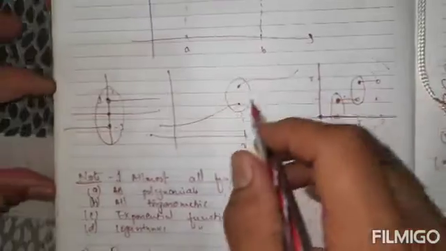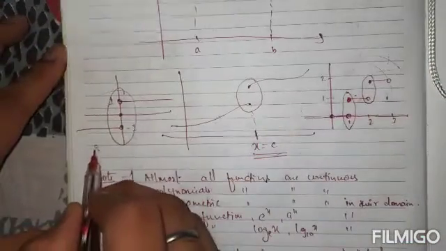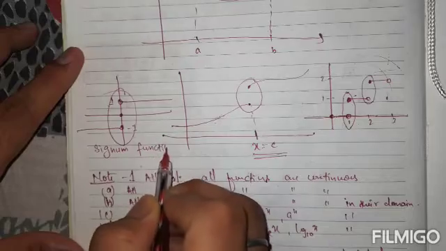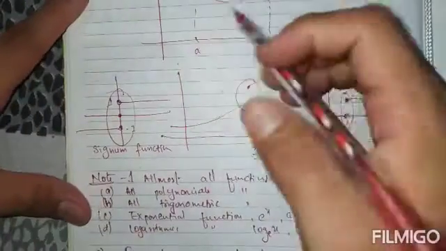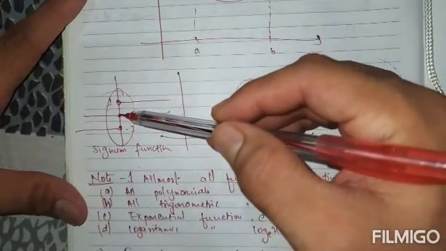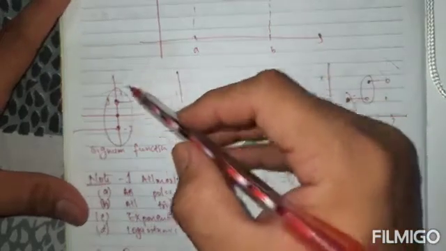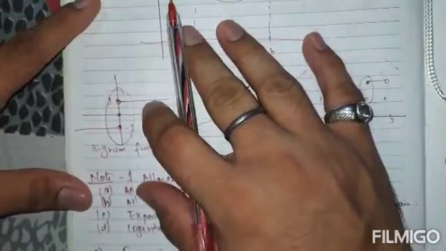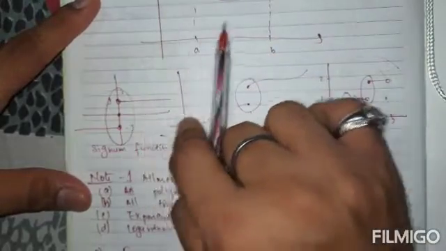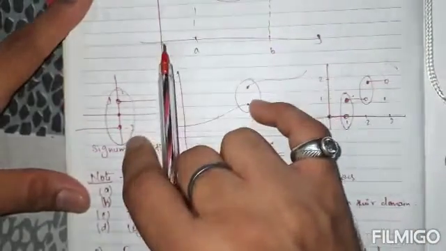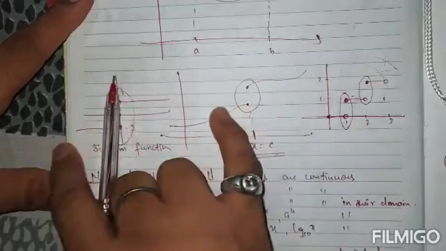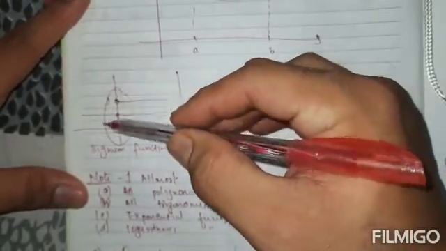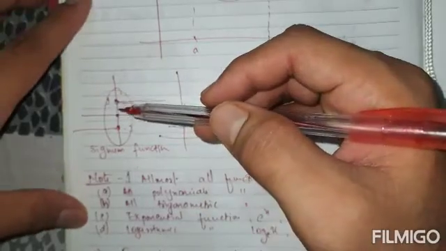Another example is the signum function. You know that for the signum function the graph extends in this way: the value of the function is always 1 for all x greater than 0, the value of the function is -1 for all x less than 0, and it is 0 for exactly 0. You can see that there is a break of values at x equal to 0.